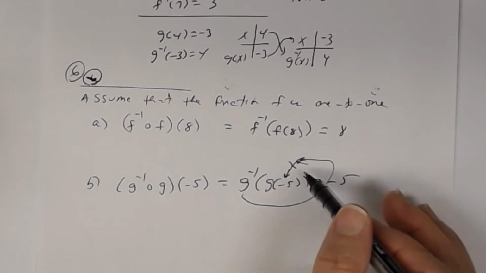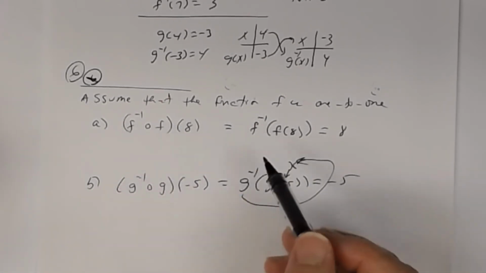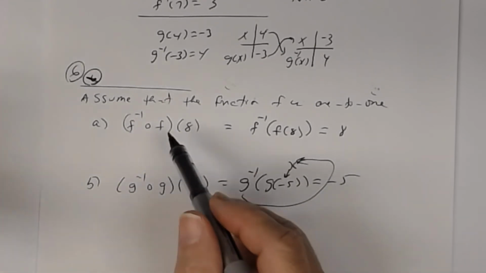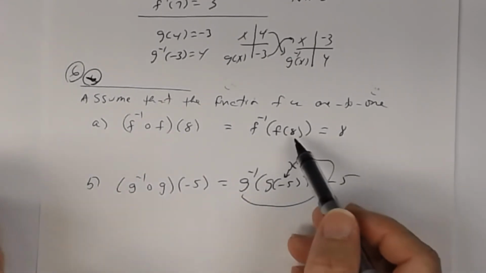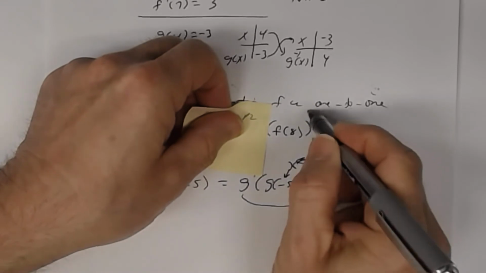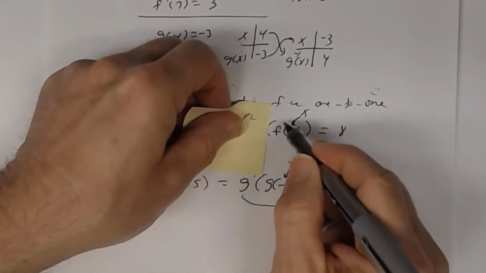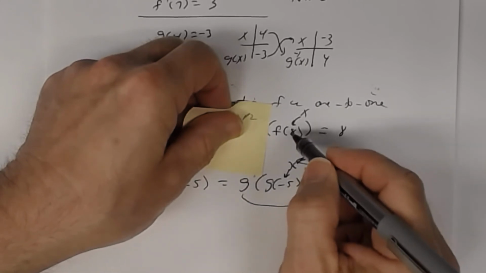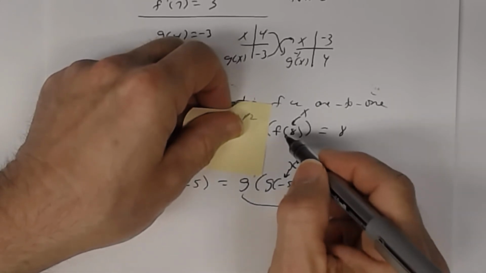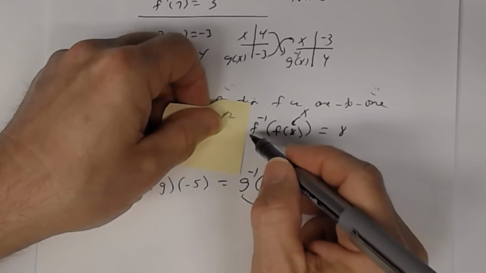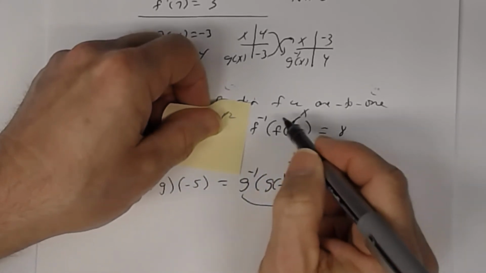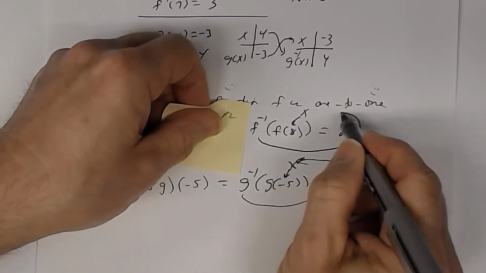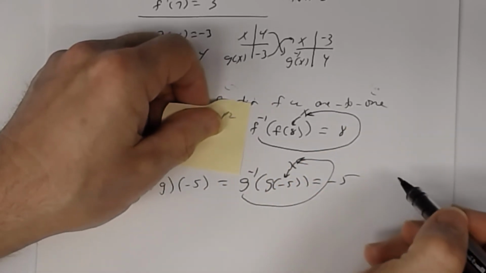But it's not necessary here, because f and f inverse are inverses of each other, so they undo each other. So if you take x equal 8, put it into your function f, it's doing some operations to this. Okay, you're going to get a y value. You're going to take that y value, put it into the inverse. The inverse is going to do all of what f did, and is going to get you back to what you started out with, which is 8.